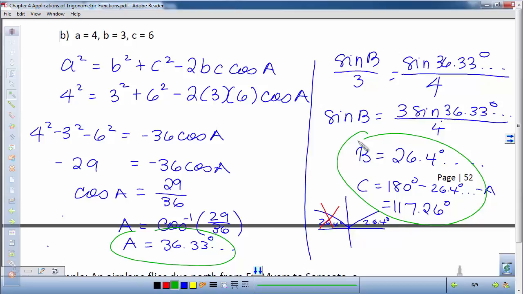I don't have that here. I just have 3 sides. But once I got side A right here, then I could use the law of sines because I had a side and the opposite angle. I knew side A and I also knew angle A. But we can't use the law of sines until we have a side and the opposite angle. Okay? Other questions?